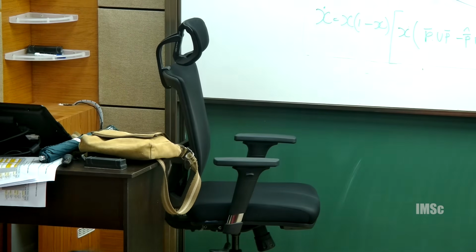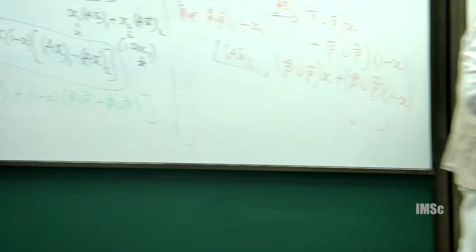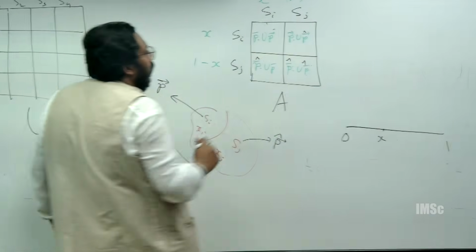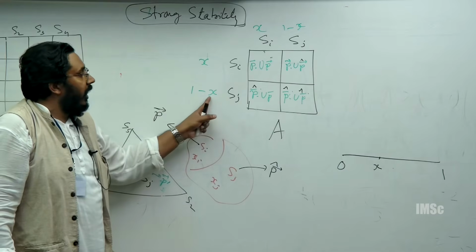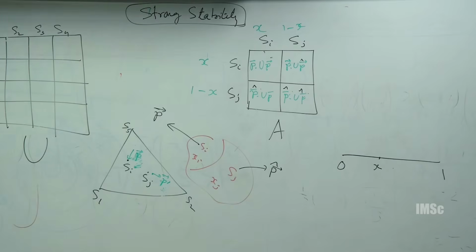Notationally this is x and that is 1 minus x. So, I am going to have all Sj if x equal to 0 is a stable fixed point. If my population is at x equal to 0, it means everything is Sj.